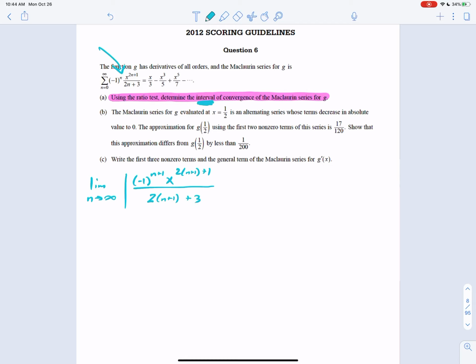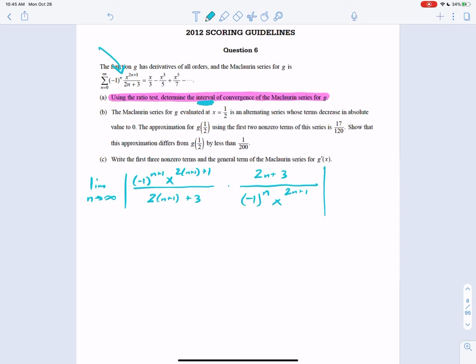If you notice, I replaced every n with the n plus 1. Don't try to do anything in your head here. Write it out first, all right? Because then you might miss some of the distributive steps there, okay? So that's a sub n plus 1 divided by a sub n. Or you could just multiply by the reciprocal, which is 2n plus 3, all over -1 to the n, x to the 2n plus 1.